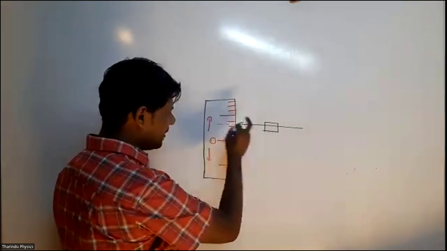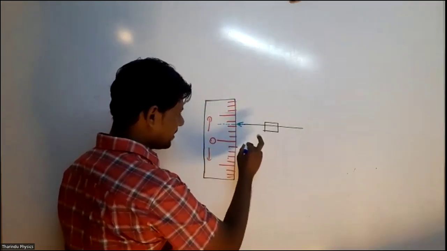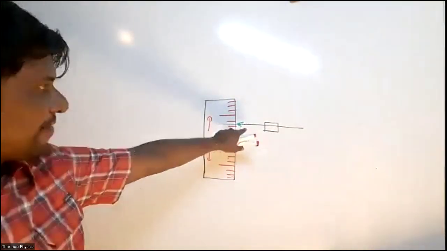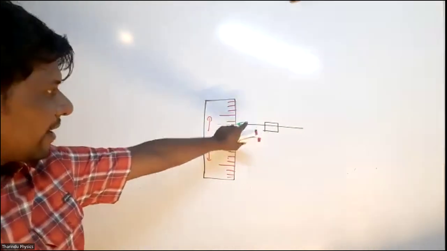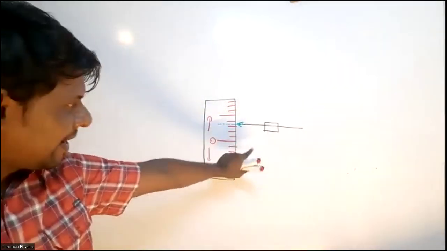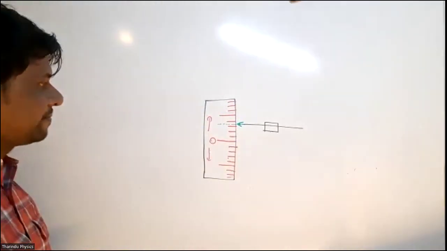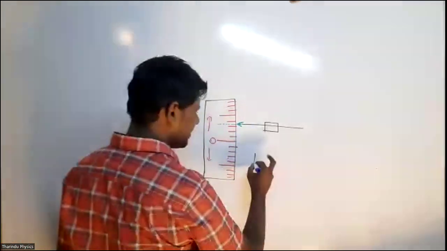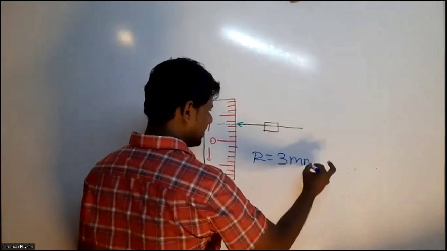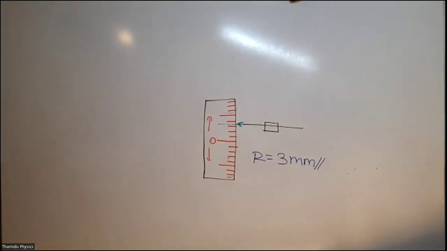Now write: the circular scale acts as an indicator for the main scale reading. Here, what is the reading? Reading is 3 millimeter only.